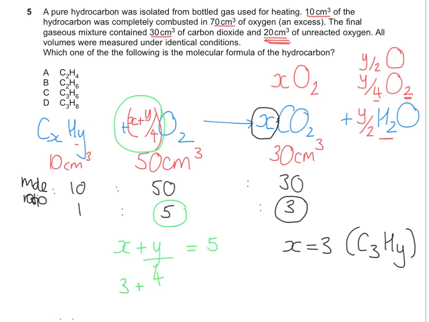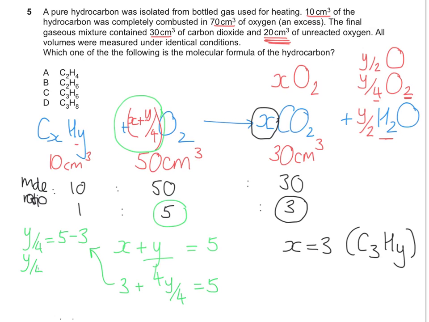So 3 plus y over 4 is equal to 5. Now, rearranging that equation, I'll continue it up here. We can bring 3 to the other side of the equation, and that means y over 4 is 5 minus 3, because we're bringing 3 to the other side of the equation, and so it becomes a minus.